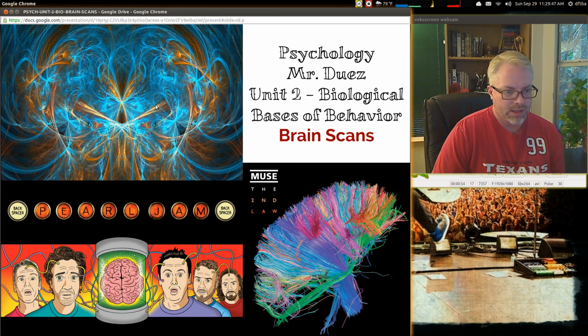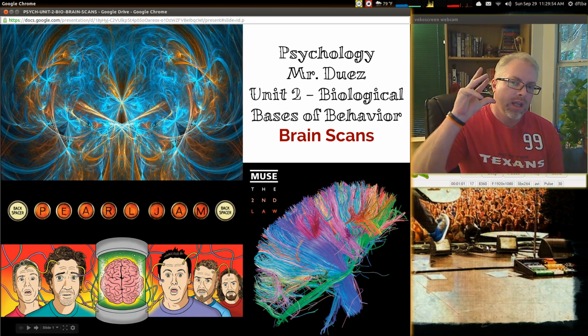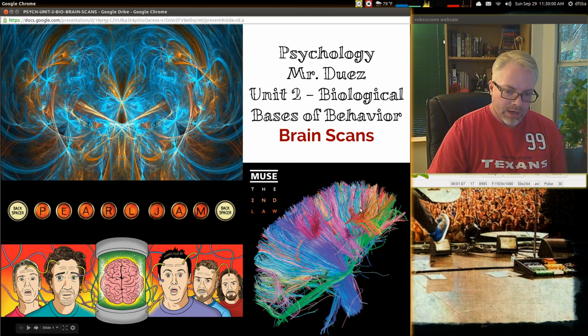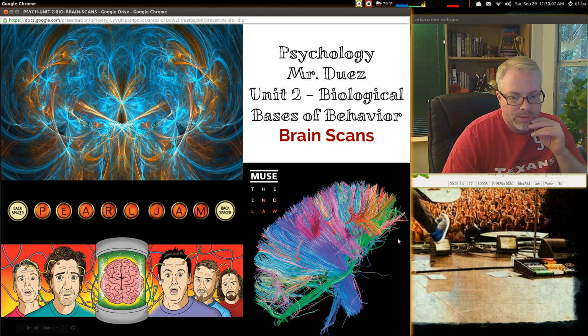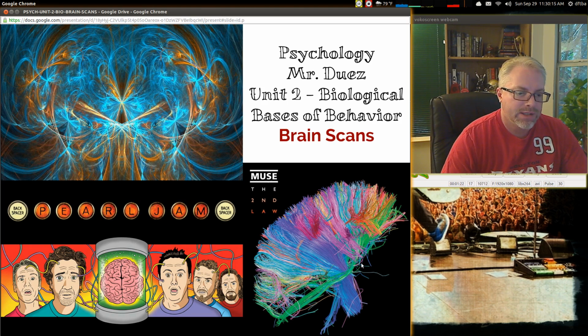So I know we talked about this in class. The Muse album, The Second Law, showed all the neural processing imaging in a certain brain, and all the little lines there that you see are different neural connections, or at least they're being shown as that in a brain. So this would be the front part of the brain here, and that's the back part, and here's the spinal cord that leads to the central nervous system.